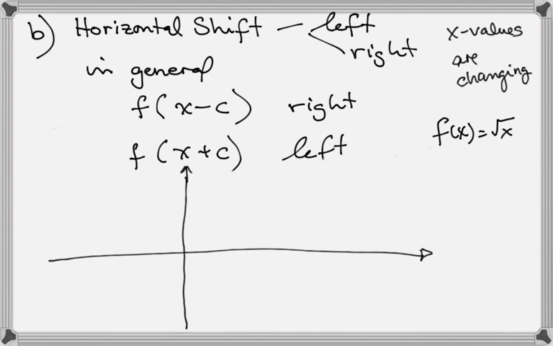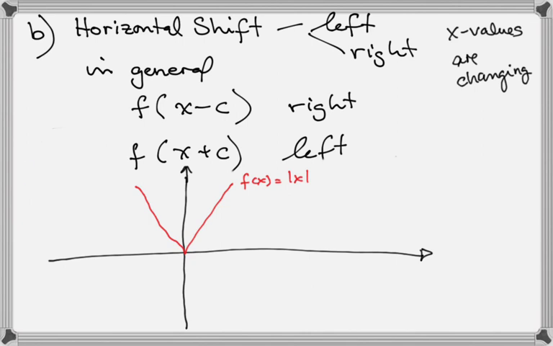So the parent function, the absolute value of x, looks like a V. It's just a sketch. Absolute value of x. What time is it? Okay, we're good on time.